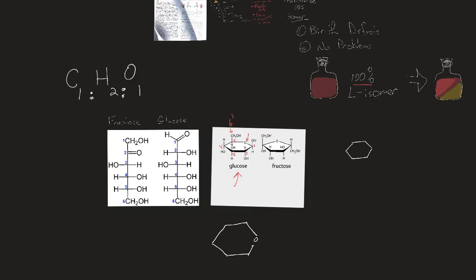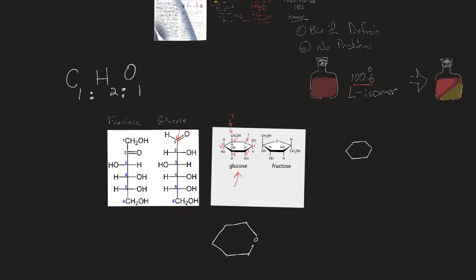The 6 prime, by the way, we number these prime to symbolize their order in the ring. So 1 through 6, you'll notice that 1 is sticking over here, that first carbon ends up here on the right in glucose, and there's 6 prime sticking up.